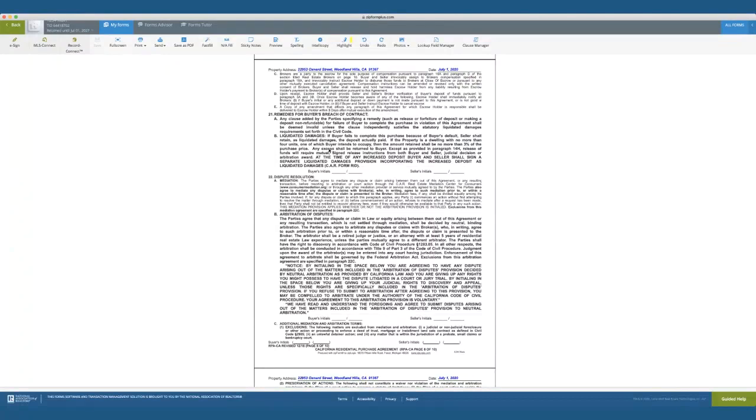Now I said that I would tell you why we want 3%, and that's because if this is an owner-occupied property, when both buyer and seller initial liquidated damages, the damages are limited to the 3% that is deposited. So that's why we want 3%.